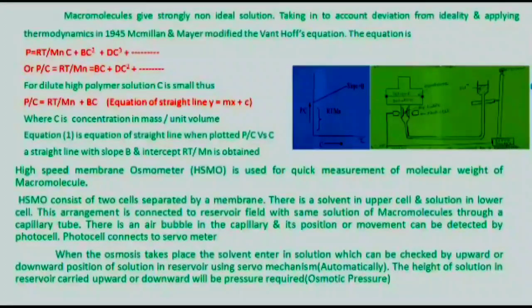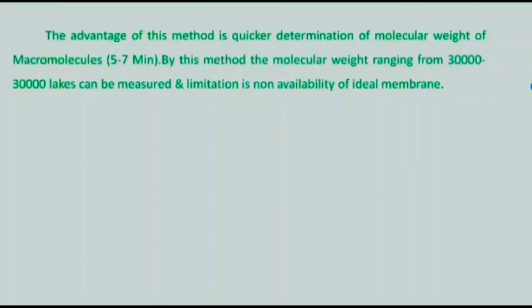The height of solution in reservoir carried upward or downward will be the pressure required, which is nothing but osmotic pressure. And thus, by measuring osmotic pressure for different concentrations, and if a graph is plotted between P by C, that is osmotic pressure upon C, versus concentration, then what we get is a straight line, the intercept of which gives us the number average molecular weight.